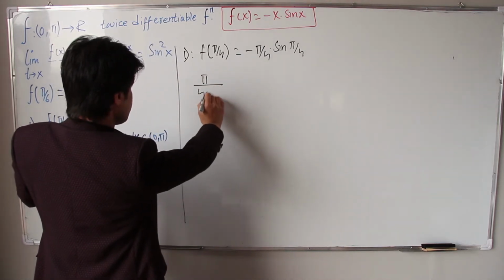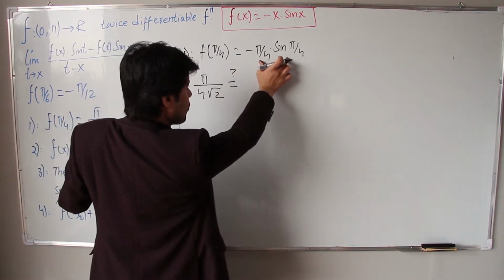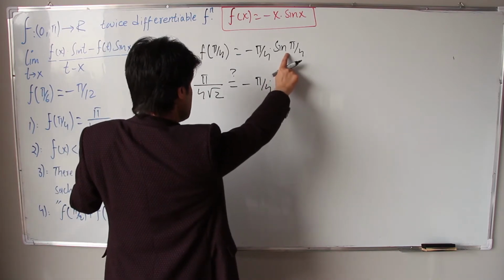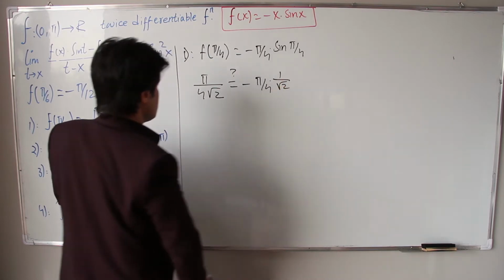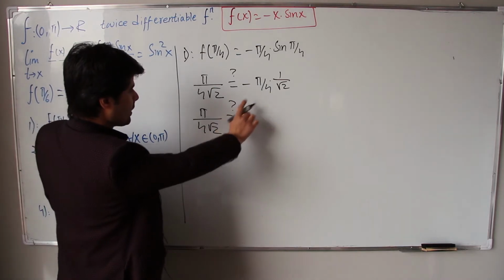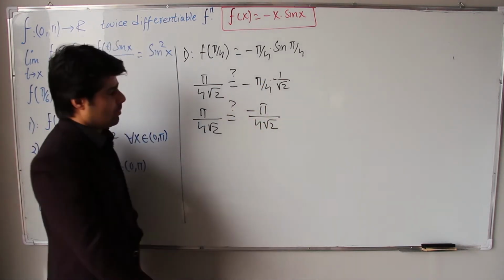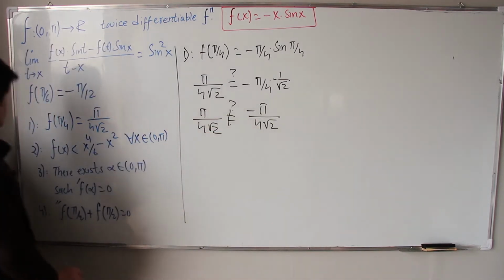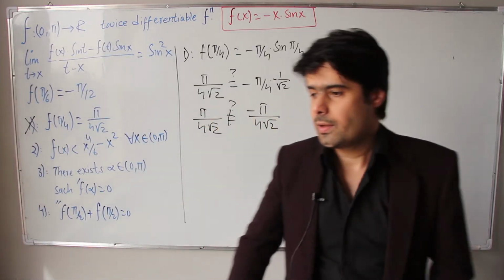Is this one equal to what we find? We will check. What's the sine of pi divided by 4? It's 1 divided by root 2. Now pi divided by 4 root 2, is this one equal to minus pi 4 root 2? No, they are not the same. It means the first answer is wrong. I think you have got this one.